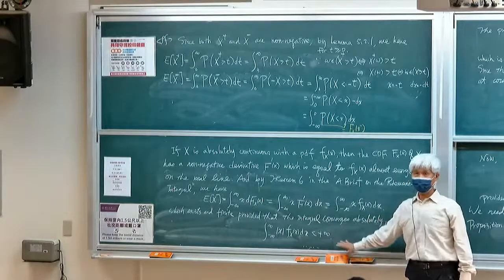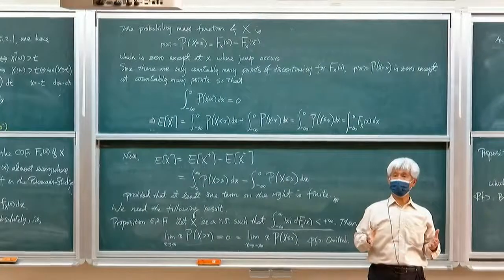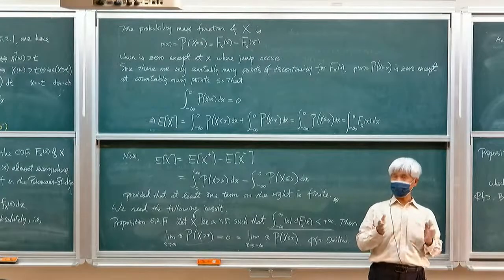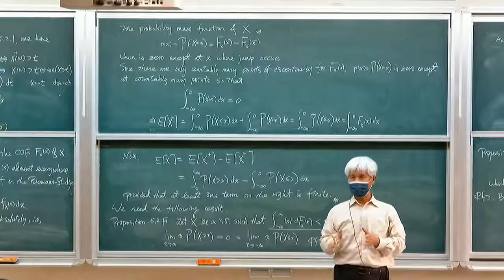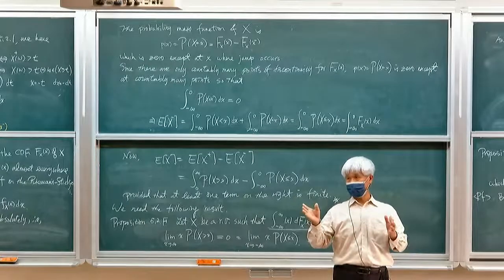Then for a general random variable, you compute its expectation through its positive part and negative part. For the positive part, you can use quantization approximation.